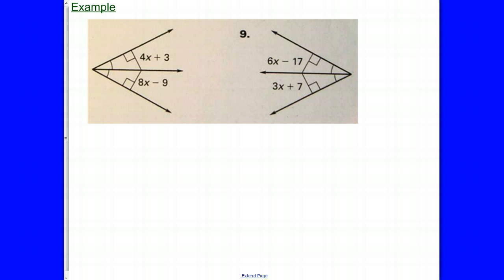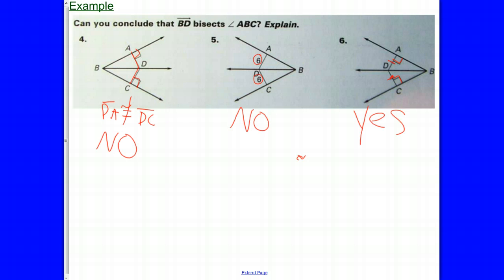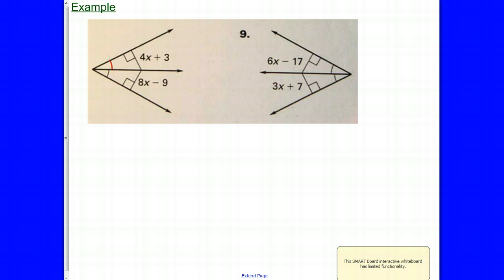All right, looking at these two examples here, we'll start with the one on the left. So again, given information is important, just like we talked about in this picture. We're given these arc measurements here. So those are equal angles. So we have an angle bisector. Because we have an angle bisector, because we have perpendicular markers here, we know these two have to be equal to each other.